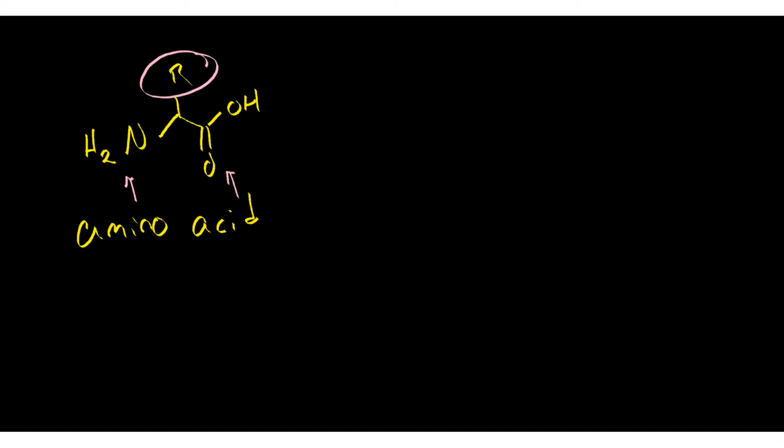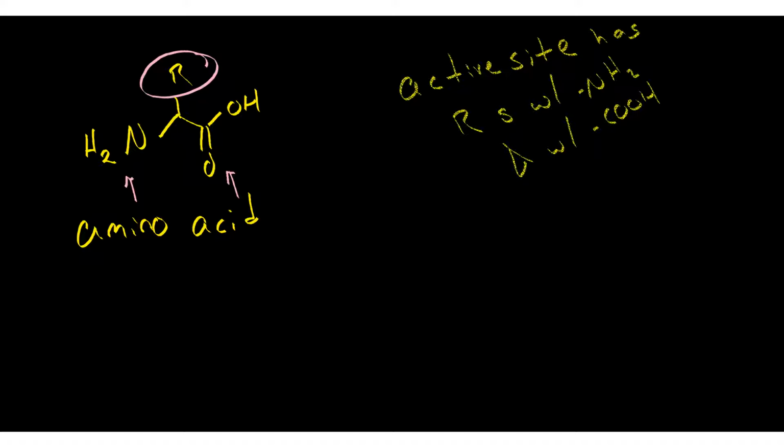That R group is what makes the different amino acids different. It gives them their differing functionalities. So that when you combine a whole lot of amino acids into a long chain, the presence of different R groups at different points along the chain are what make the different proteins different from one another. The one thing that I can tell you directly from memory about proteins is that the active sites of enzymes are going to have a lot of side chains, those R groups.